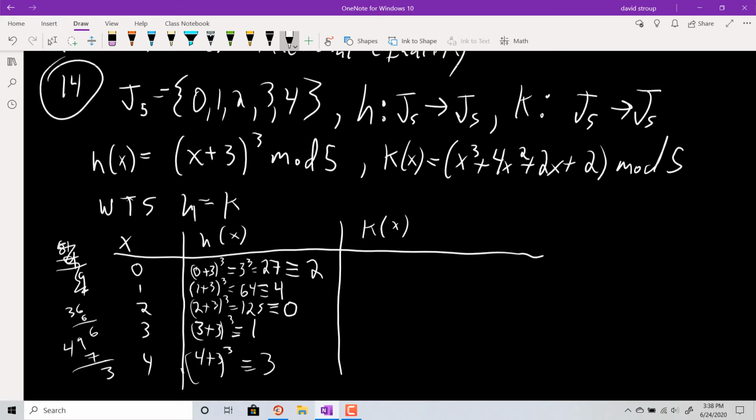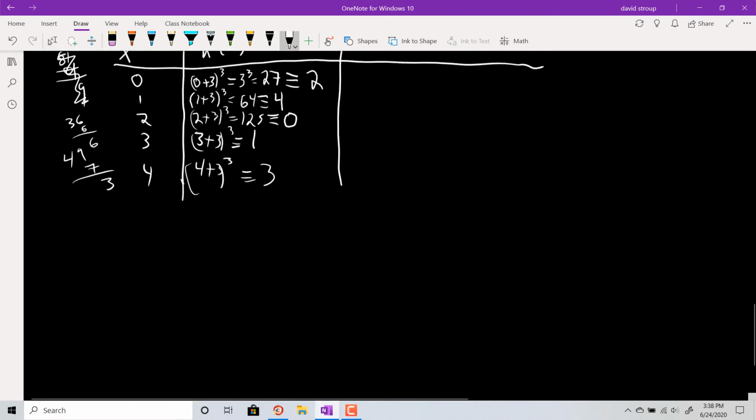Okay, so again, how do I figure out what 27 mod 5 was? Well, you want to take 27 and subtract something away, x, which will be equal to 5 times some integer value.